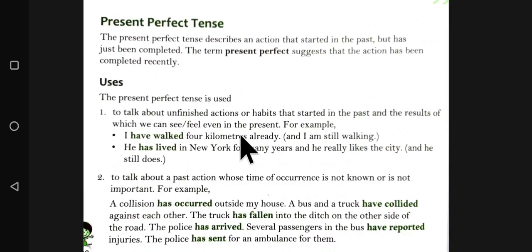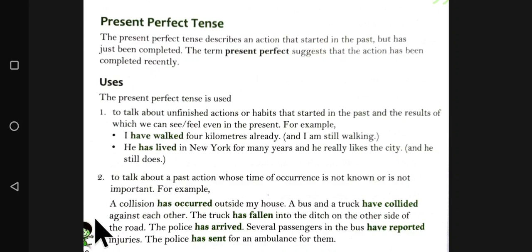Okay, so I have walked 4 kilometers already, and the result of which we can feel or see in the present also. Okay, now next, present perfect tense is also used to talk about a past action whose time of occurrence is not known or is not important. Okay, so it is used to talk about an action that has happened in the past, and whose time of occurrence, or when that action happened, is not important.